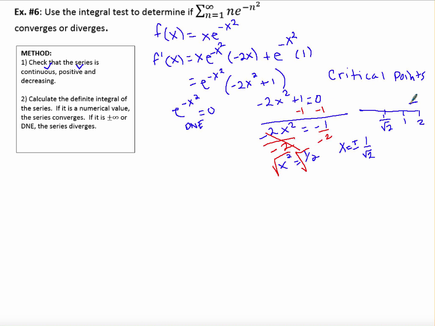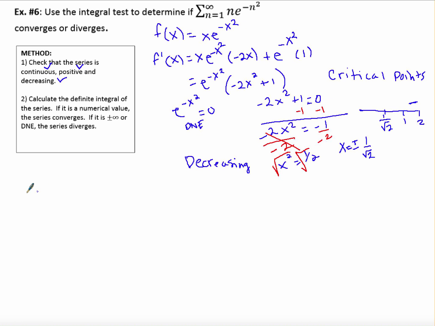So what this tells me is that to the right of my critical value, I've got decreasing functions. So I'm decreasing. All that work just to show that yes, in fact, we can use the integral test. But if you're taking a test and you're not allowed to have a calculator, this would be how you would do it.